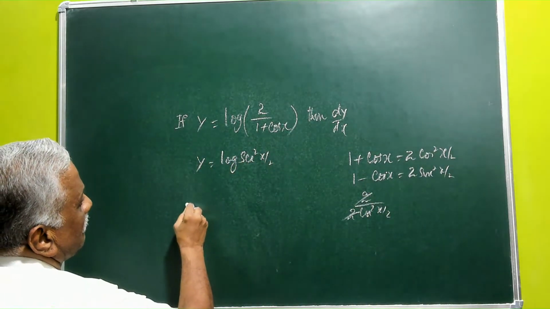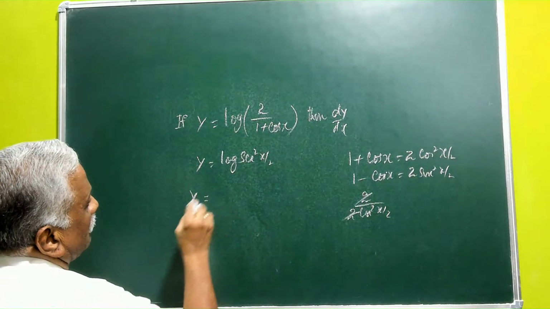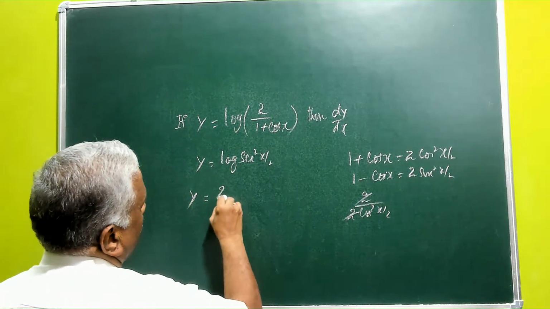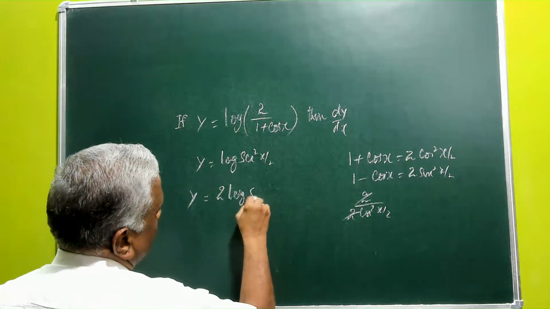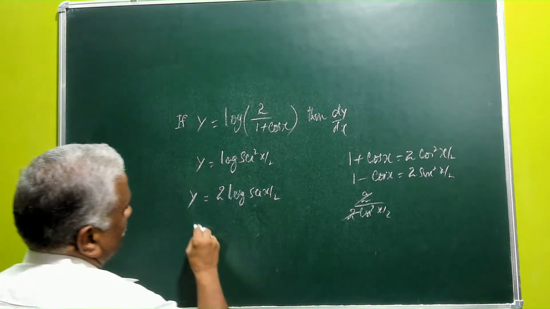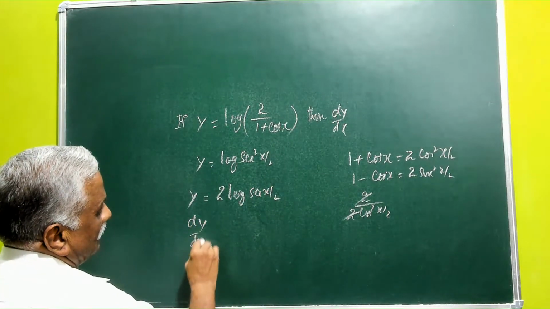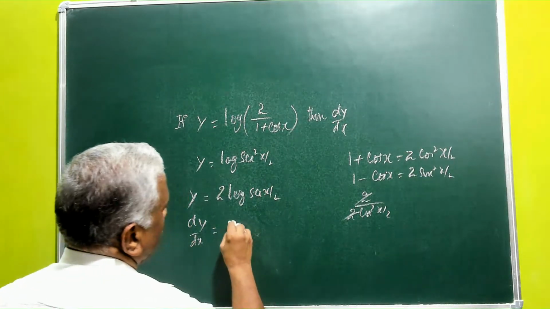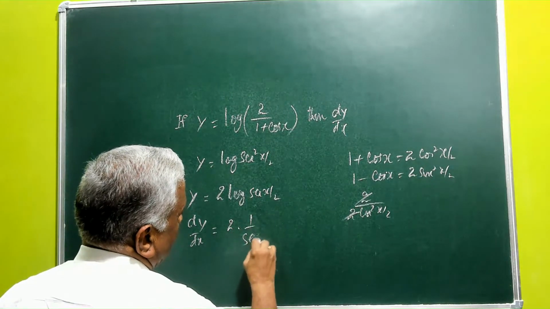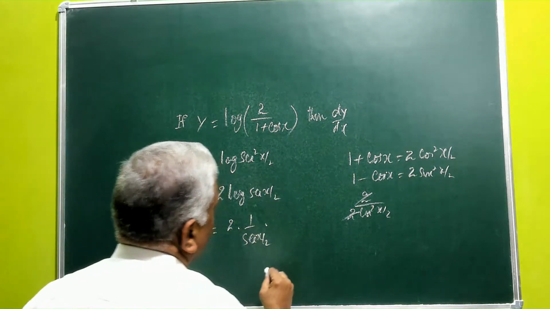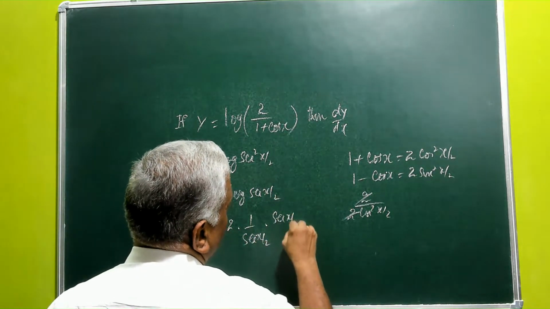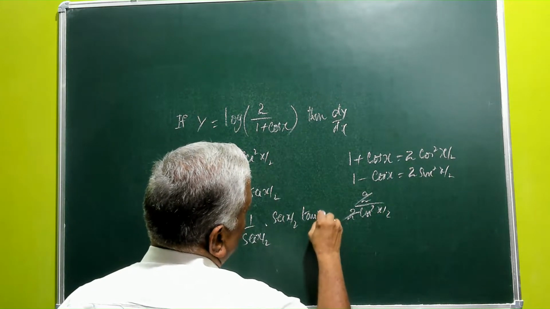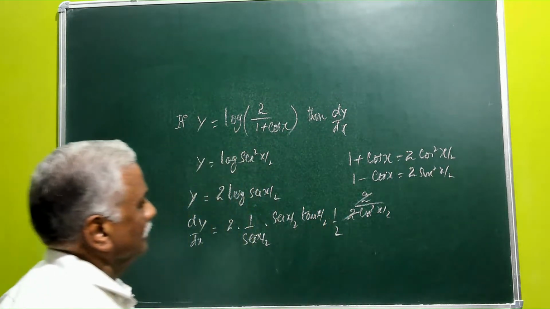That is, y is equal to 2 log secant x by 2. So dy by dx is equal to 2 into 1 over secant x by 2 into secant x by 2 into tan x by 2 into 1 by 2.